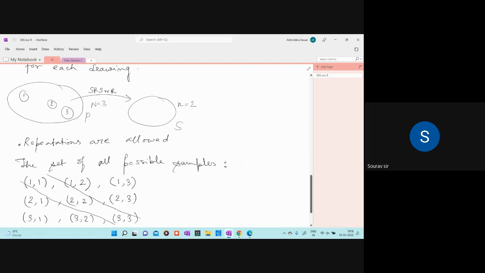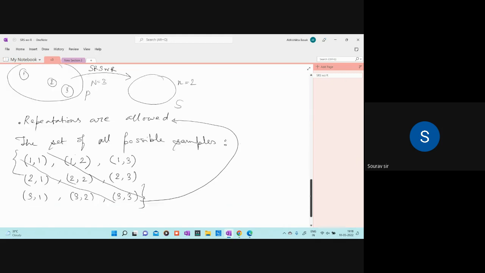These portions are always there as repetitions are allowed. So these are the set of all possible samples for my case, out of which we need to draw.